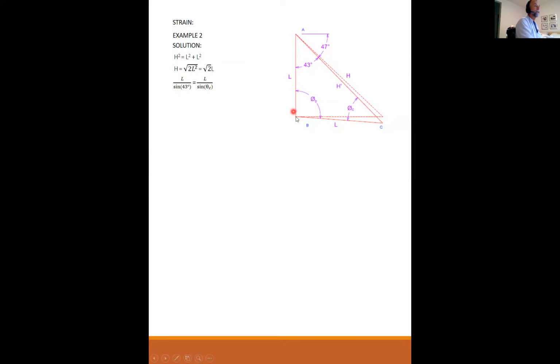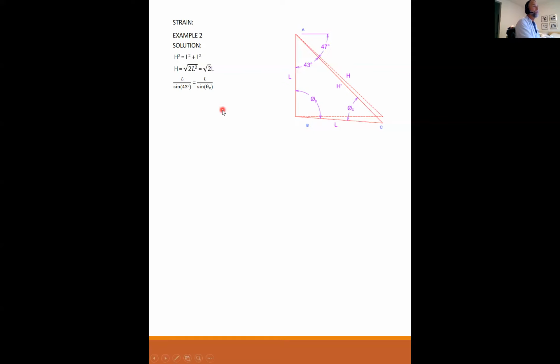And it was pinned at B, and it's floating down at C. What that means is that what was originally L long is still going to be L long, and what was originally L between the pin and the support is still L. So no matter how much this thing rotates, this will always be L, this will always be L. I want to mention that right from the beginning, because that's the key to solving this: recognizing that L is still L.